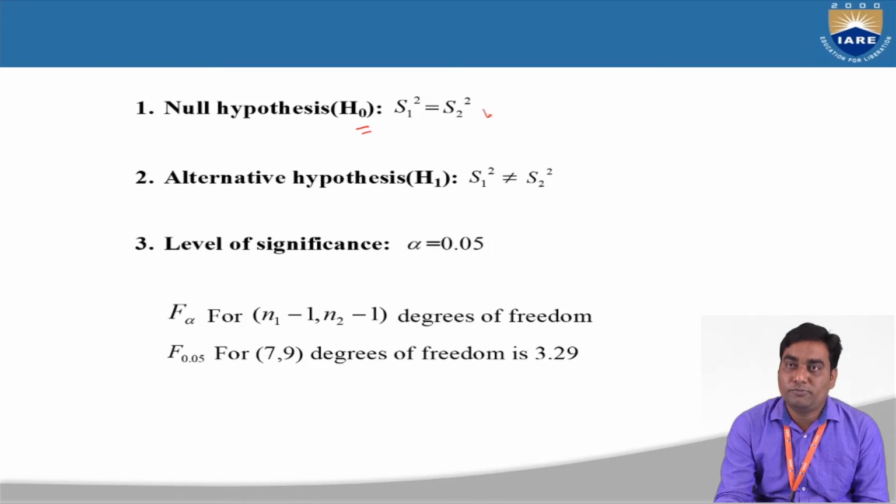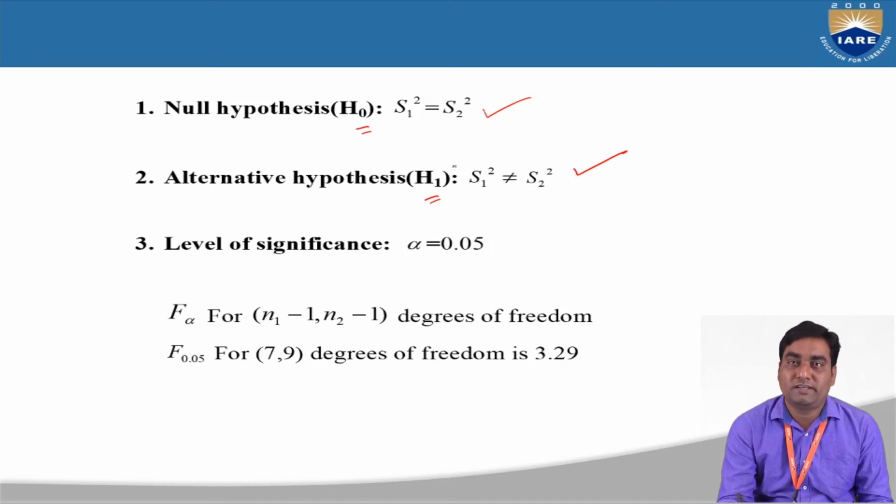We are going to assume that S1 square equal to S2 square, meaning there is no difference between two sample variances. Like this, we have to set up the null hypothesis. Similarly, the alternative hypothesis, the symbol is H1. There is a difference: S1 square not equal to S2 square. There is a difference between the variances of two samples.